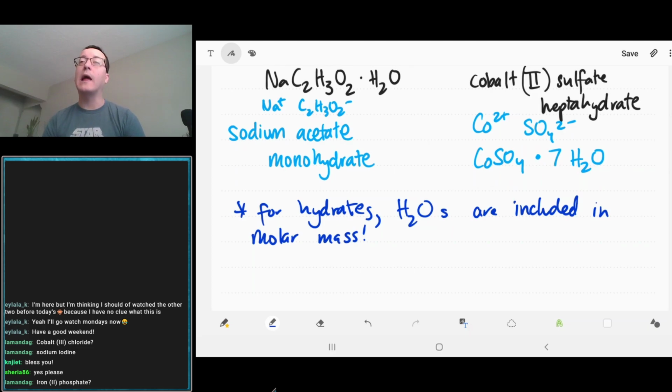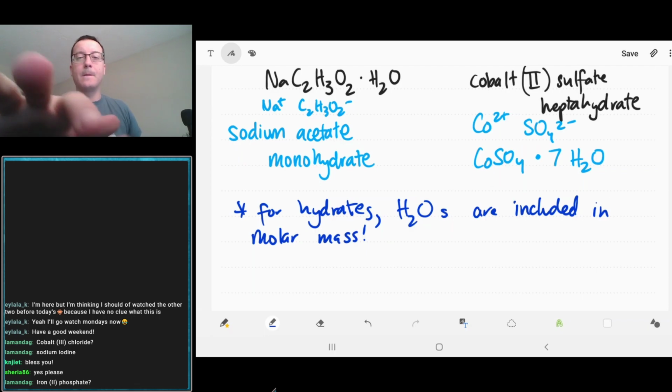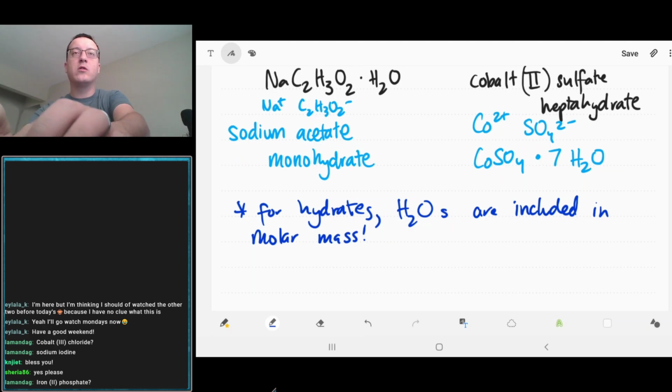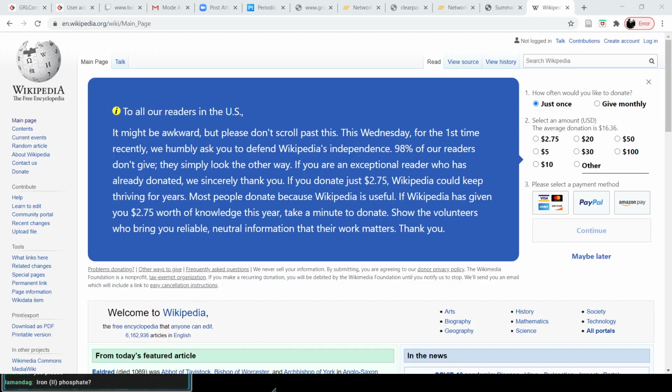So if you were calculating the molar mass of the cobalt sulfate heptahydrate, you would include the waters there. In fact, let's see. Okay. I'll prove it to you.